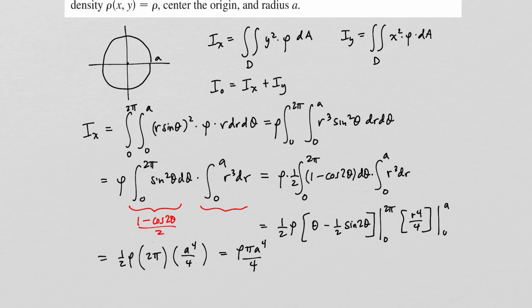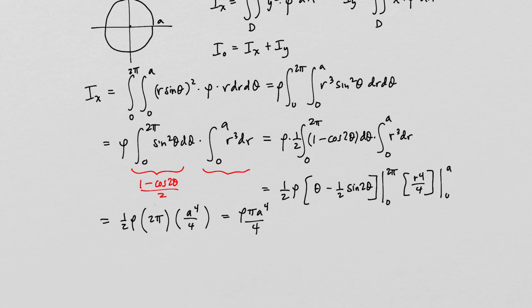And then if you think about it, for Iy, we're just going to have an x squared. X is our cosine of theta, so this sine here will become a cosine. That means we'll have a cosine squared, which means this will be a plus right here. And that is literally the only difference.